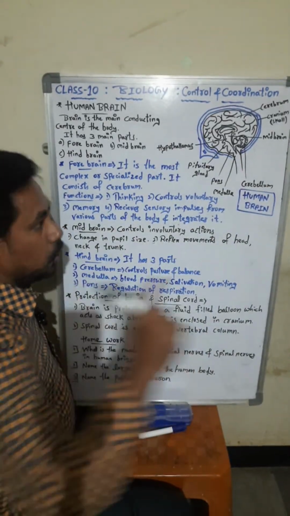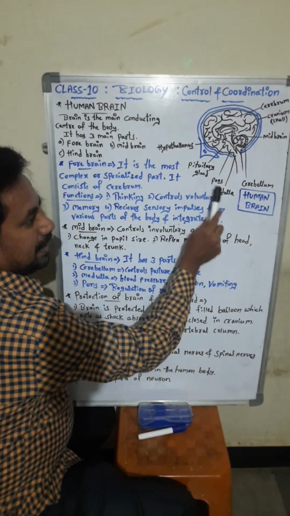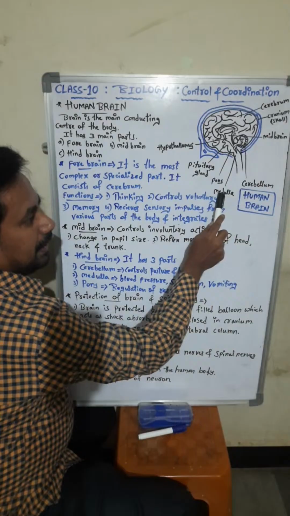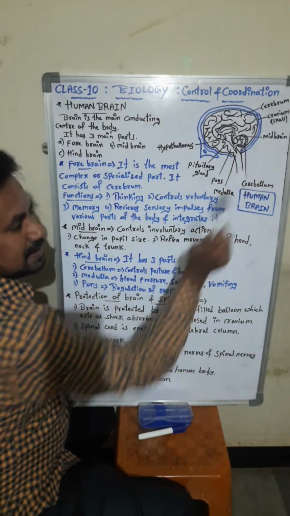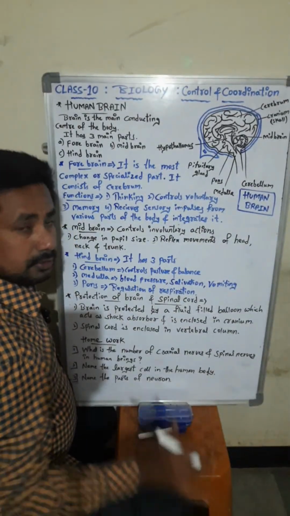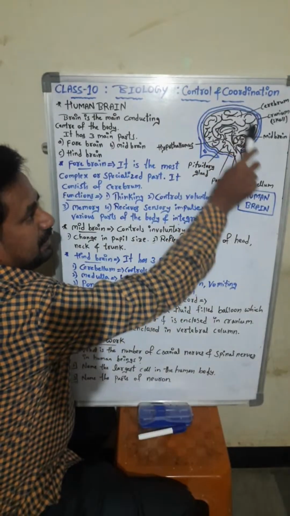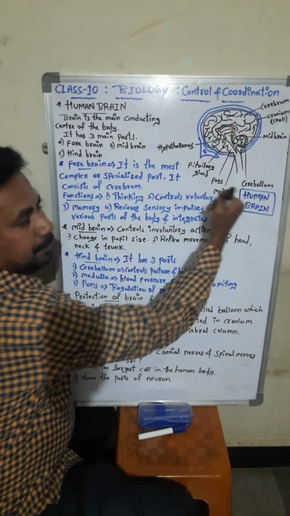And the lower part is known as the hindbrain: pons varolii, medulla oblongata, and this leaf-like structure you are observing here, which is known as the cerebellum. Once again, forebrain, midbrain, and hindbrain.